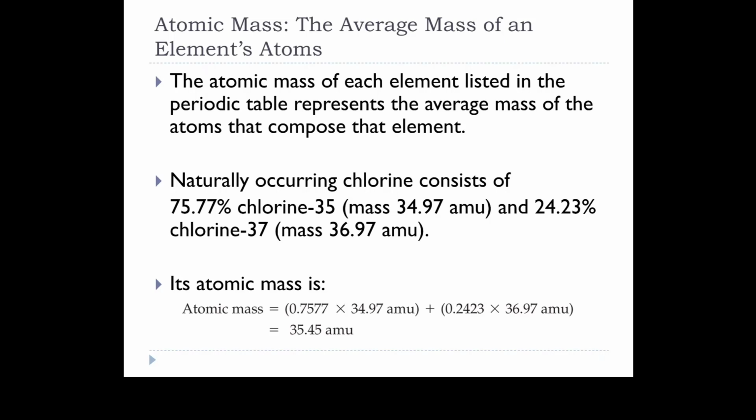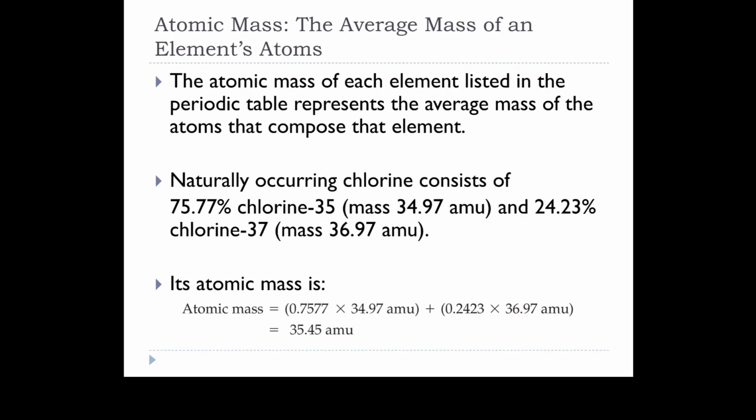So the way you come up with that number on the periodic table is we do a weighted average of those things. So take a look here. The atomic mass is written as the percent abundance, written as a decimal, multiplied by how much that particular isotope weighs. So chlorine 35 weighs 34.97. Okay. For every isotope that you have, you're going to have a set of parentheses like that.